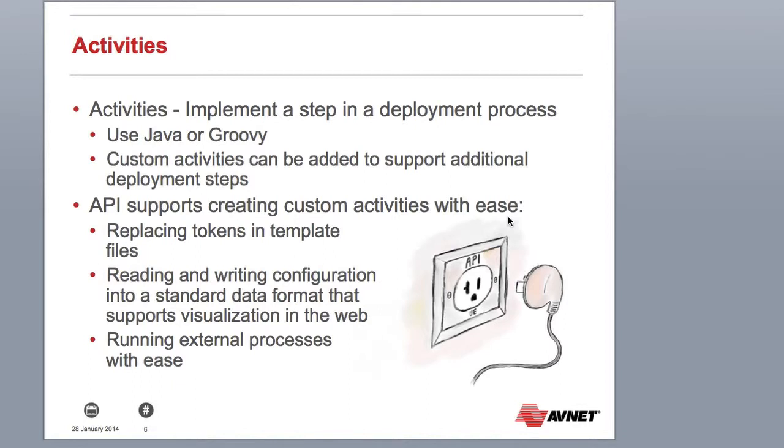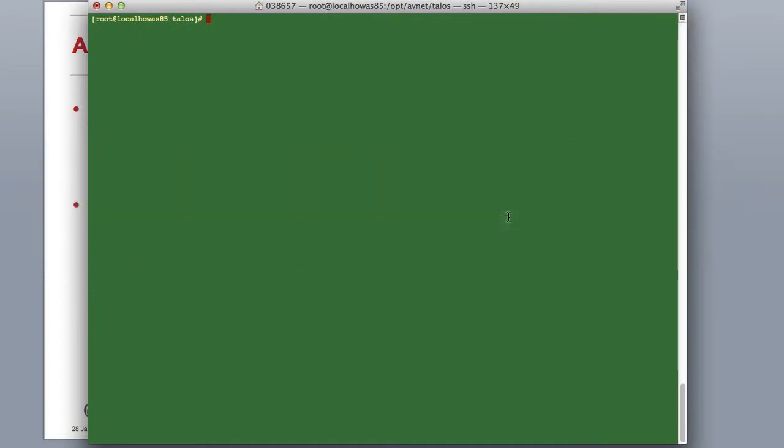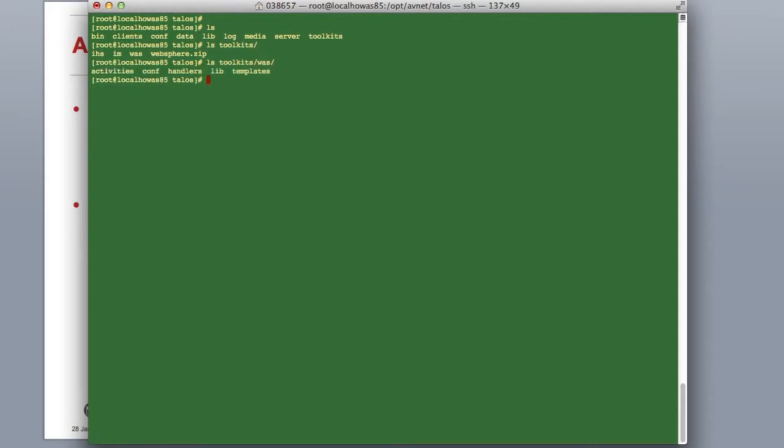So let me take a quick moment here and show you a little bit of what these things look like from a Talos server perspective. So I'm on my Talos environment here, and I've got in my toolkits directory 3 toolkits installed: IHS, IM, and WAS. And inside of the WAS toolkit, it's broken down into those activities that we talked about.